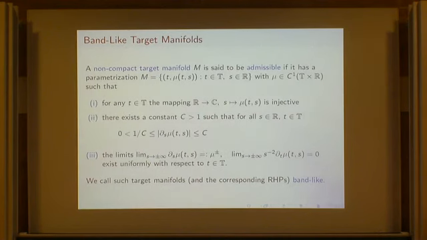And briefly sketch some results about these band-like target manifolds, which comprise the linear problems. Here are some assumptions. Again, we have a parametrization with such a parameter function mu, and this has to be C1.